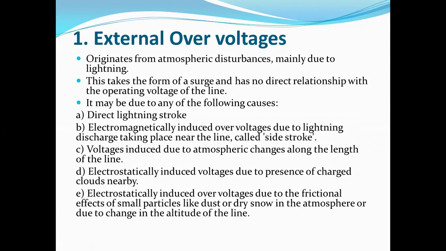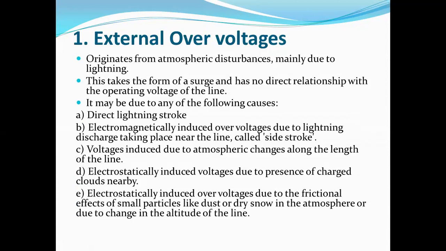Okay. So external over voltages means if there is any natural calamity or any other such thing, these cause the over voltage. The causes are nothing but the direct lightning stroke.